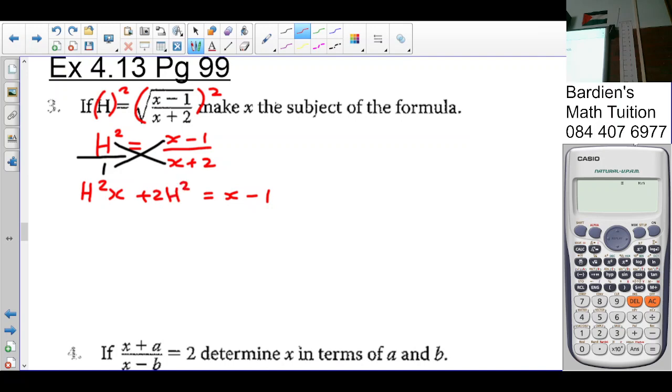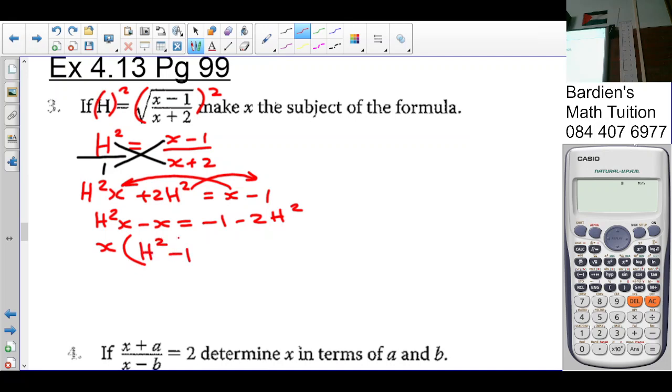Now what? X is one side, numbers the other side. So you take that over and that on that side. So you got h squared x minus x equal to negative 1 minus 2h squared. Now what? Common factor of x, and then left with h squared minus 1 equals negative 1 minus 2h squared.